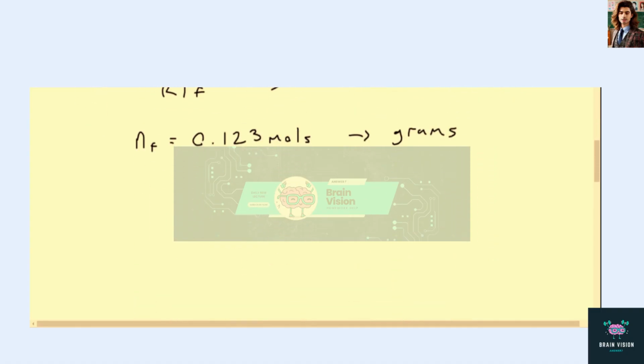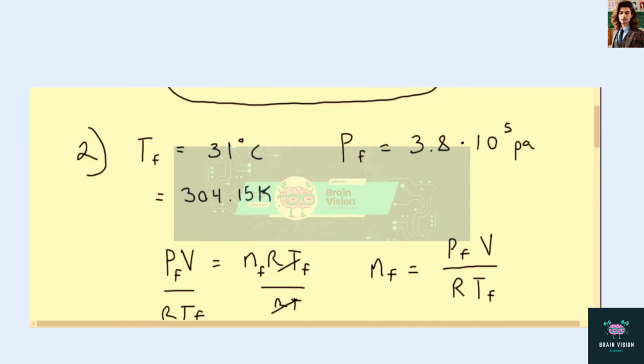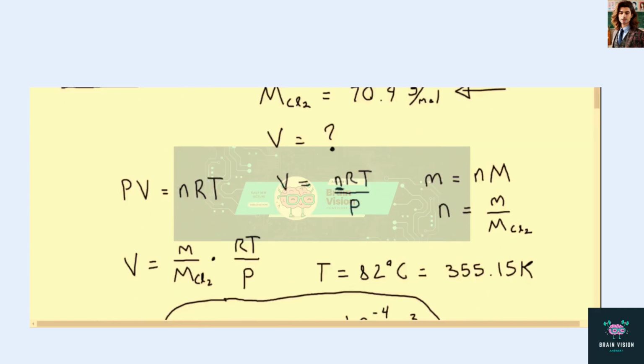So to go between moles and mass, again, we just use the mass is equal to the number of moles times the molar mass, where the molar mass we'll be using, again, is that of chlorine gas up here, which is 70.9 grams per mole.